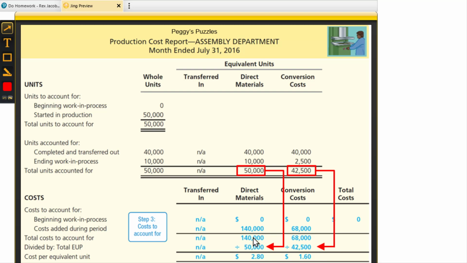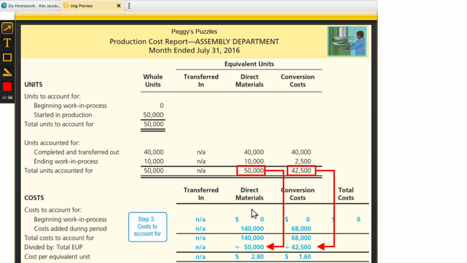Gives us $140,000 of costs. We divided that by the $50,000 of equivalent units to account for, and we get $2.80. So what this $2.80 means per equivalent unit, so per finished puzzle, there's $2.80 of direct materials. In other words, the picture, the cardboard, and the glue.